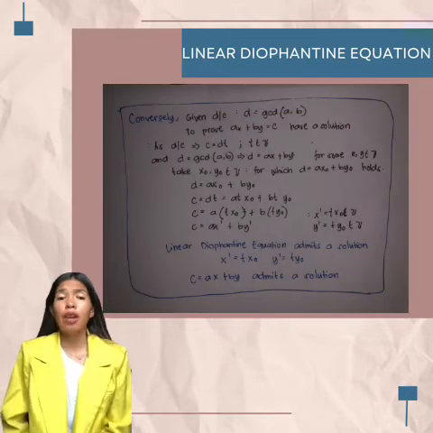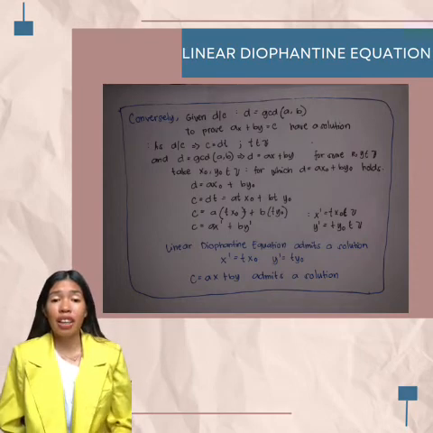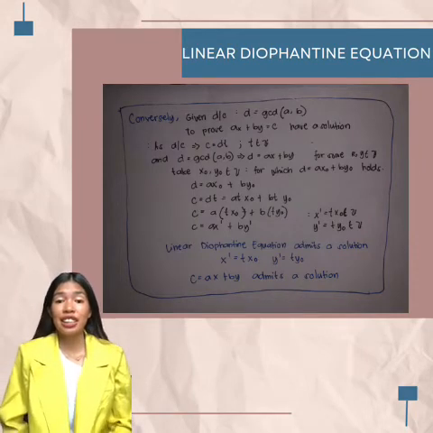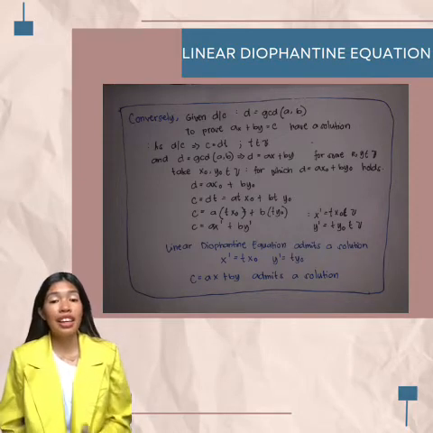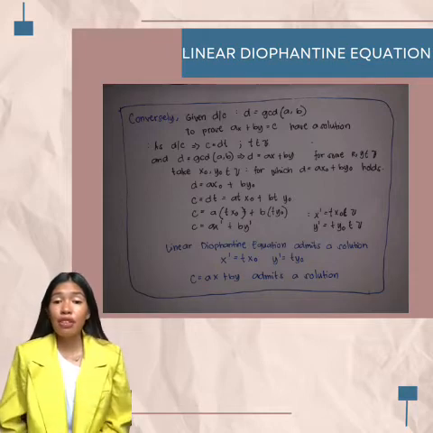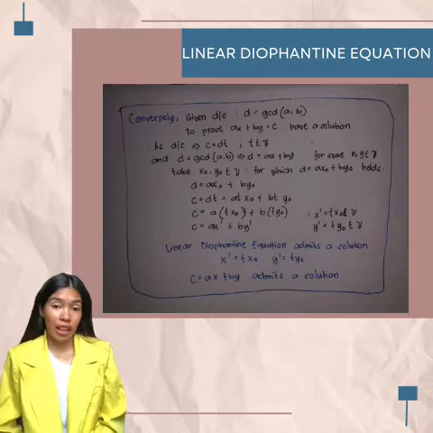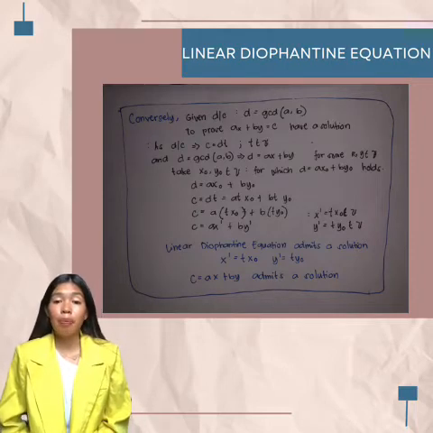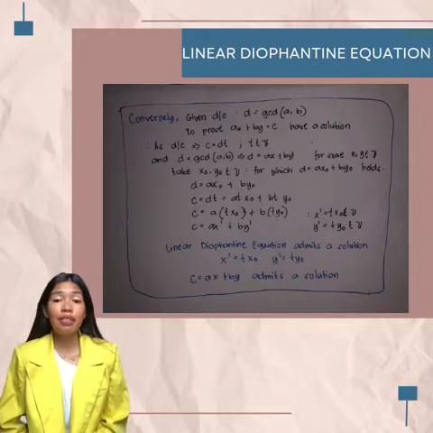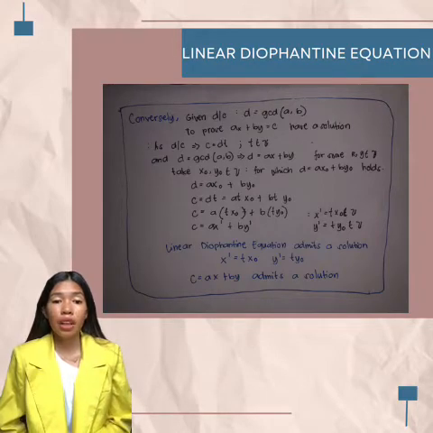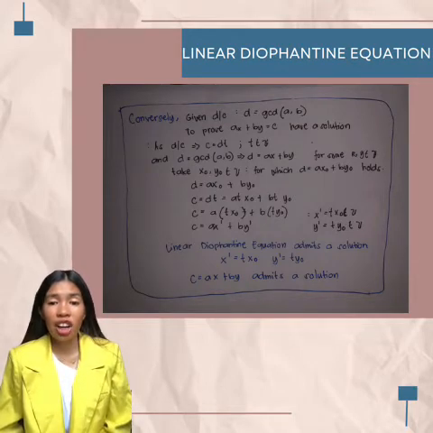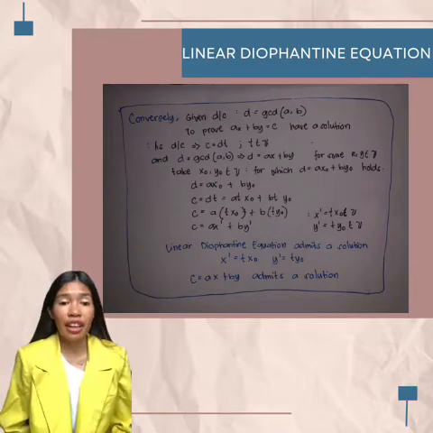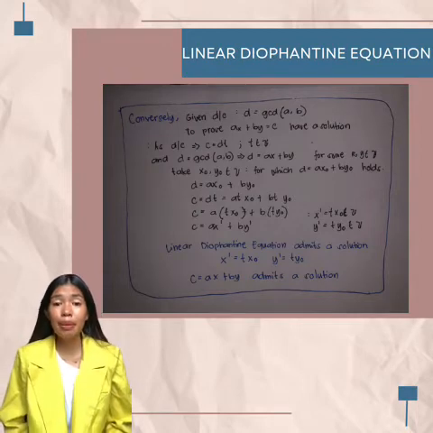Now, conversely, I want to take that D divides C, where D is the GCD of A and B. So this is the converse, and we want to prove that ax plus by equals c has a solution, for some x naught and y naught. So now, whenever D divides C, we can write C as dt for some t belonging to the integers.